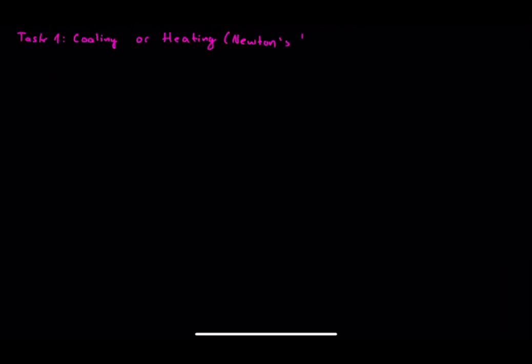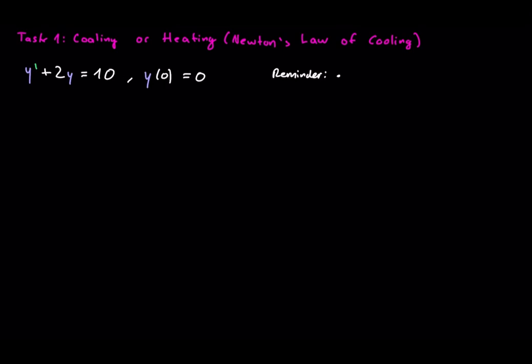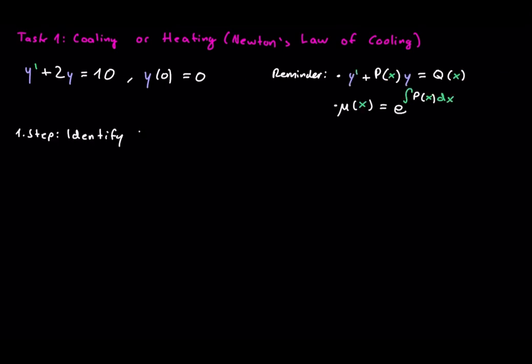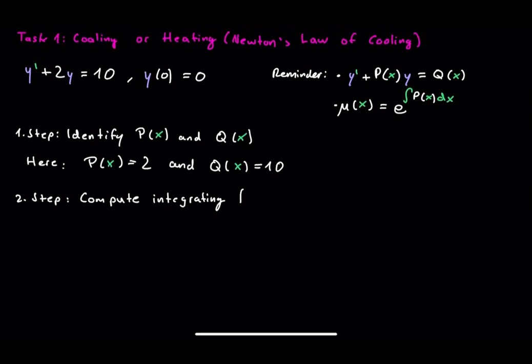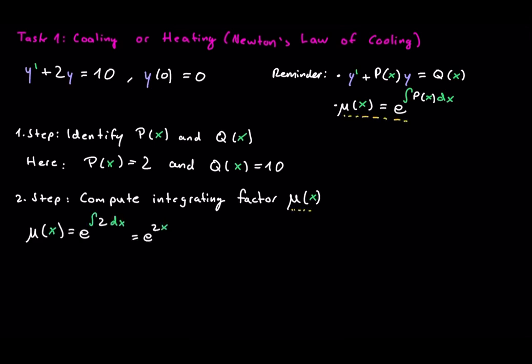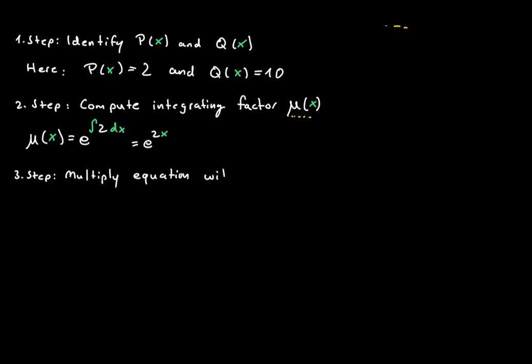Newton's law of cooling. We'll solve y' + 2y = 10 with y(0) = 0. Here p(x) equals 2 and q(x) equals 10. Compute the integrating factor. Mu equals e to the integral of 2 dx, which is e^(2x). Multiply through by e^(2x): e^(2x)y' + 2e^(2x)y = 10e^(2x).